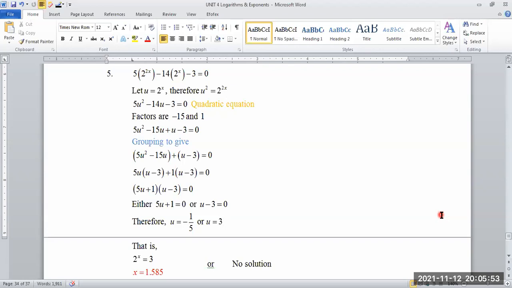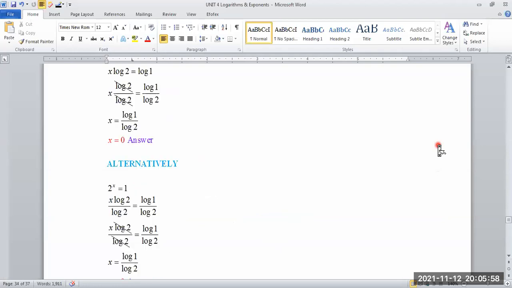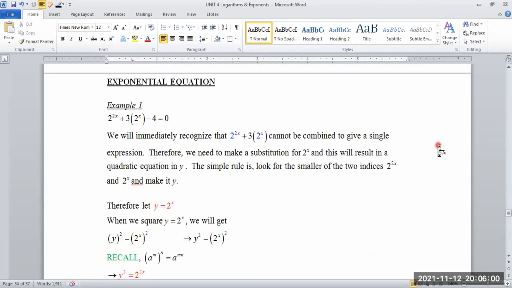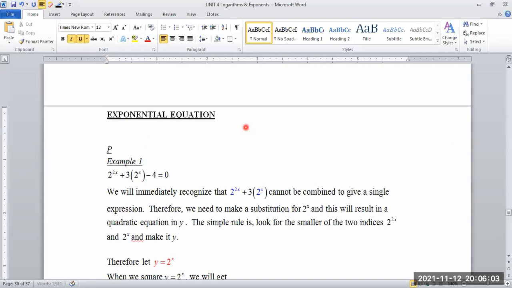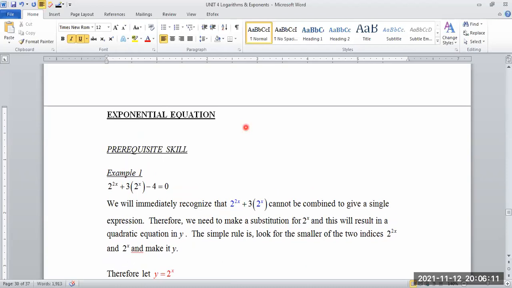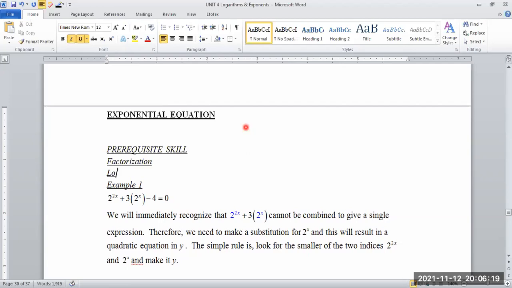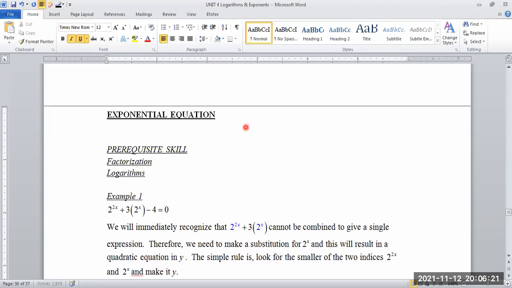So the prerequisite skills would be factorization, either by grouping or whatever it is, logarithms, and indices. So we need those three prerequisite skills.